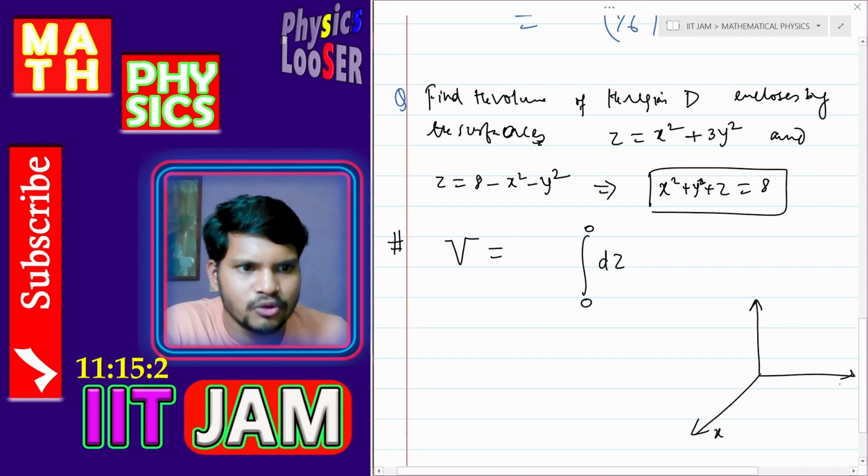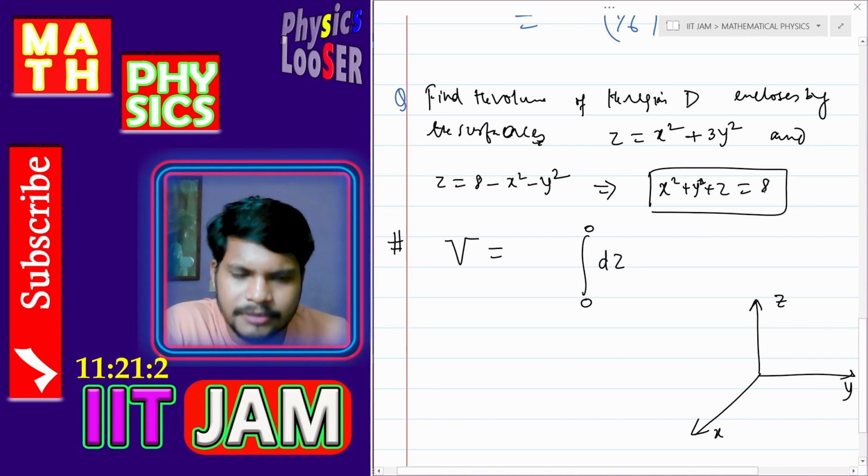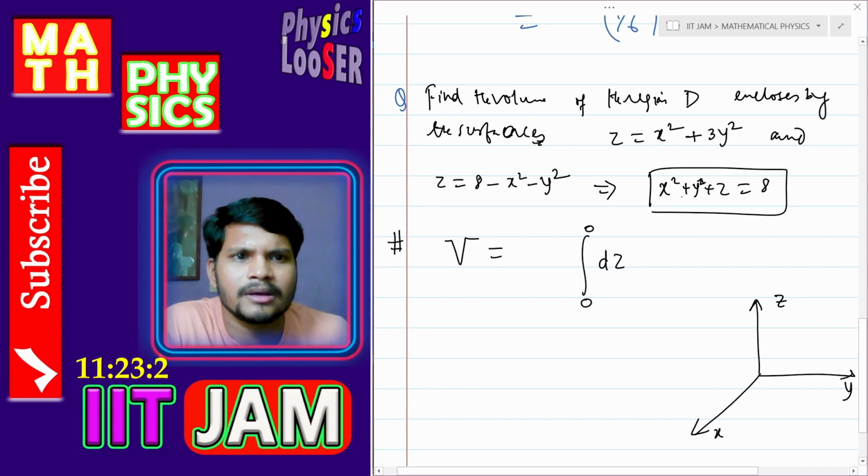Suppose over here x, y and z, and here x squared plus y squared plus z is equal to 8. If you put x squared plus y squared equal to 0, then z becomes 8. On the other hand, for the other surface, if you put x squared plus 3y squared equal to 0, that means z is equal to 0.